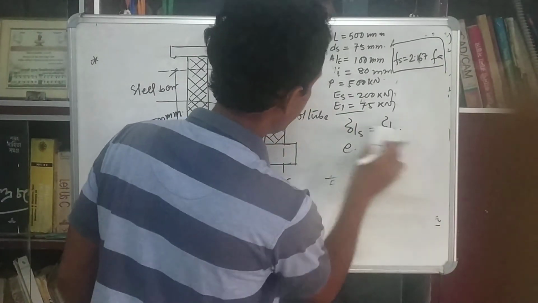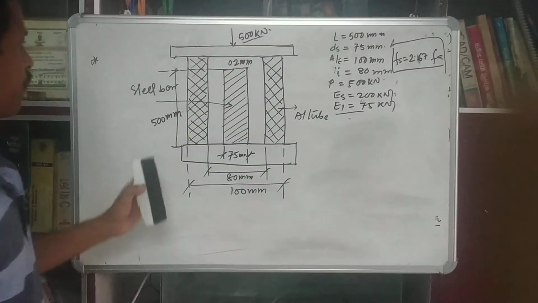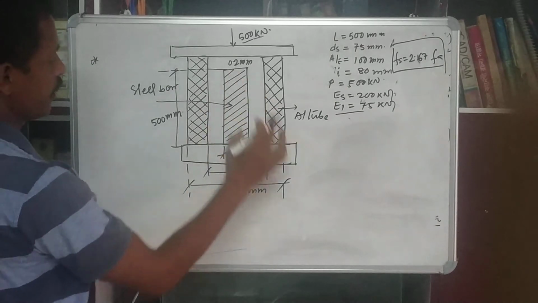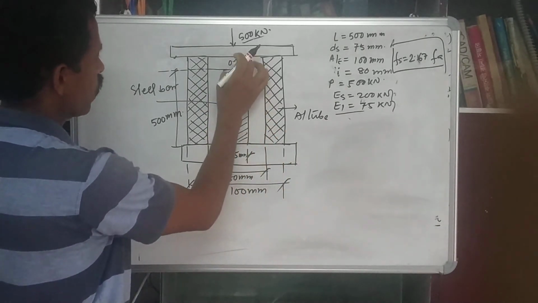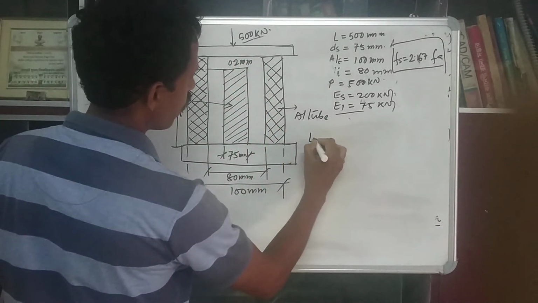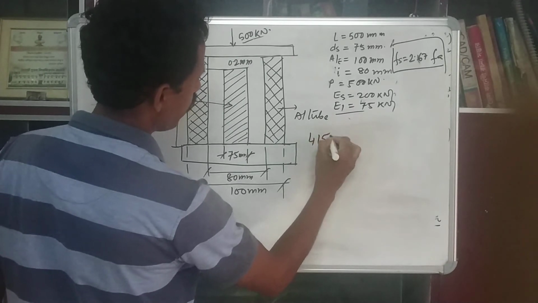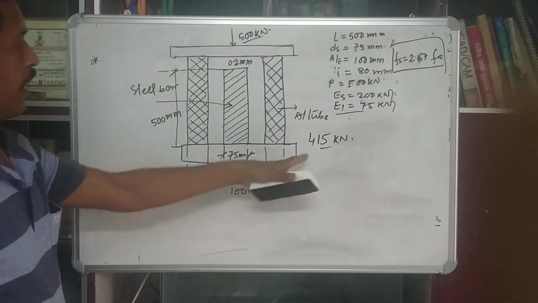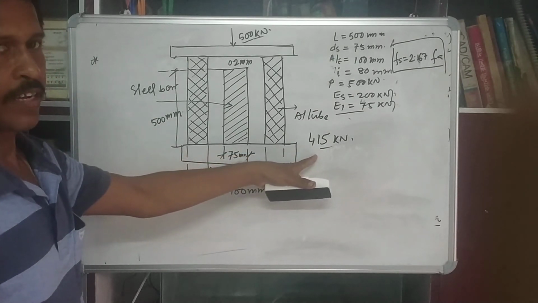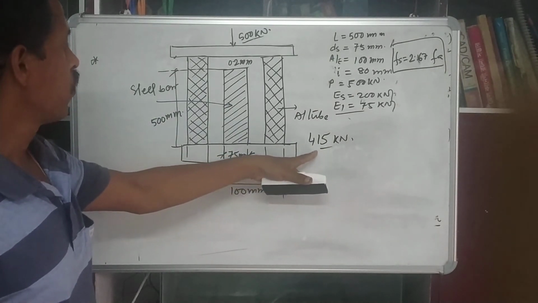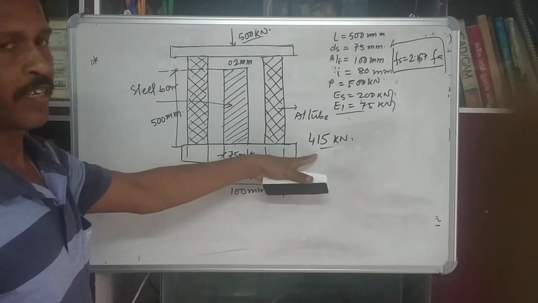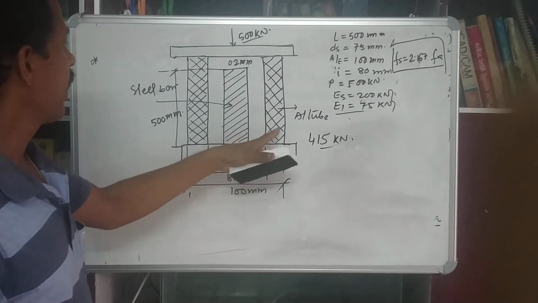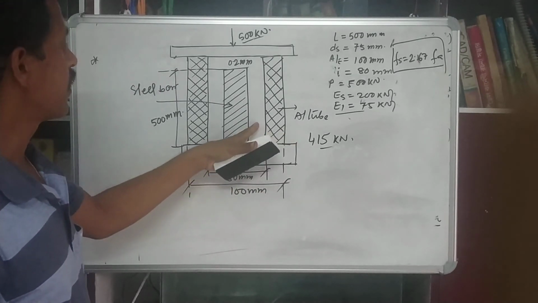Again, we know that the remaining load was 415 kilonewton. In case of a composite bar, the total load will be shared by both the aluminum tube and the steel bar.